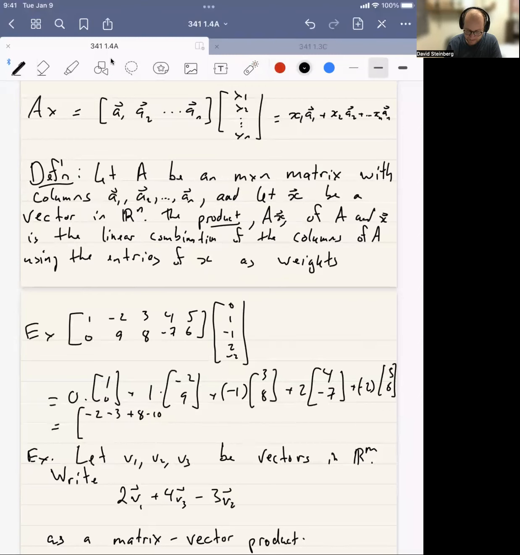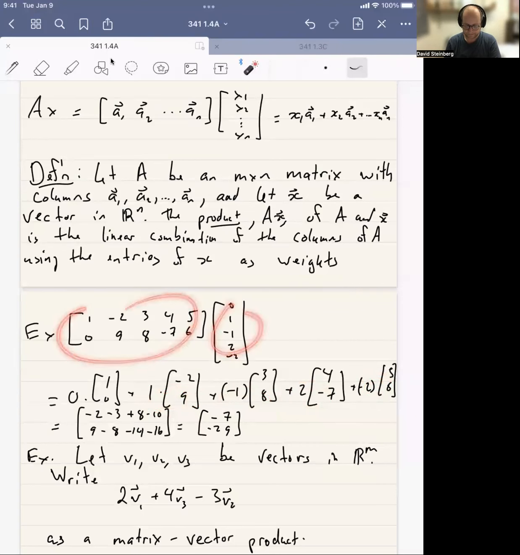That's the first entry of our 2 by 1 vector. And downstairs, we should get nothing, then 9 minus 8 minus 14 minus 16. You can check that should be equal to -7, -29, I think is what we're going to get. Okay, so that's multiplying this matrix by that vector.